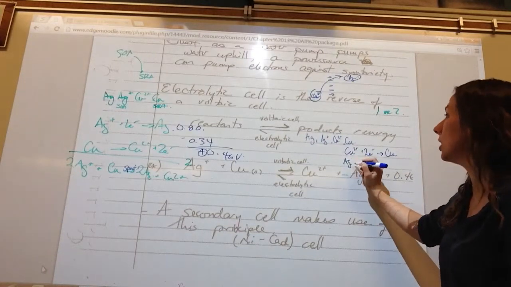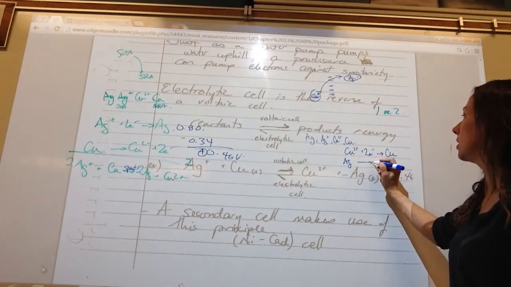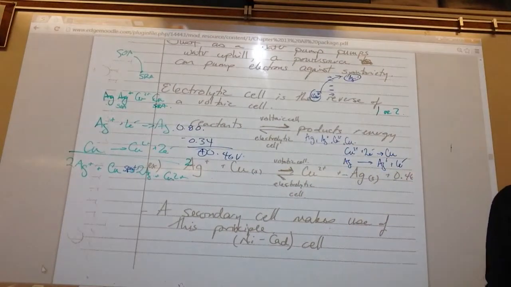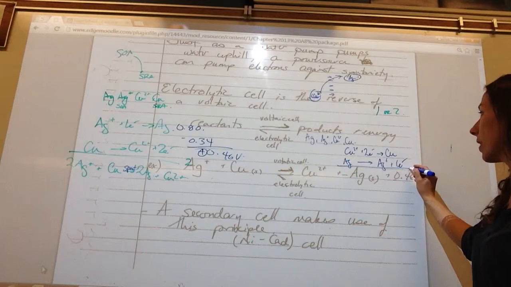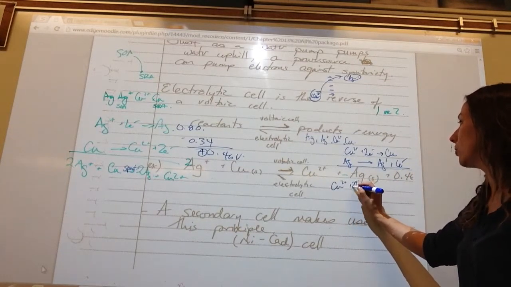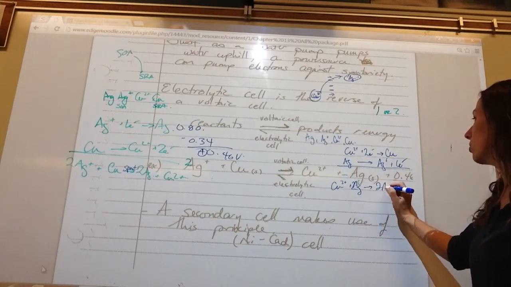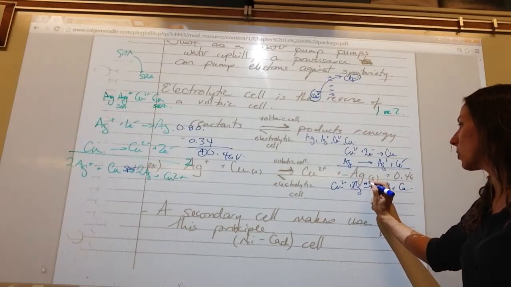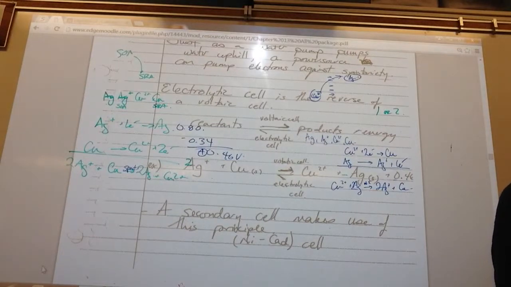And the Ag will be deconstructing into Ag+ and losing that 1 electron. If I write this net reaction, I would indeed be writing Cu2+ plus 2 Ag goes to 2 Ag+ and a Cu, and over top of that, it's non-spontaneous.